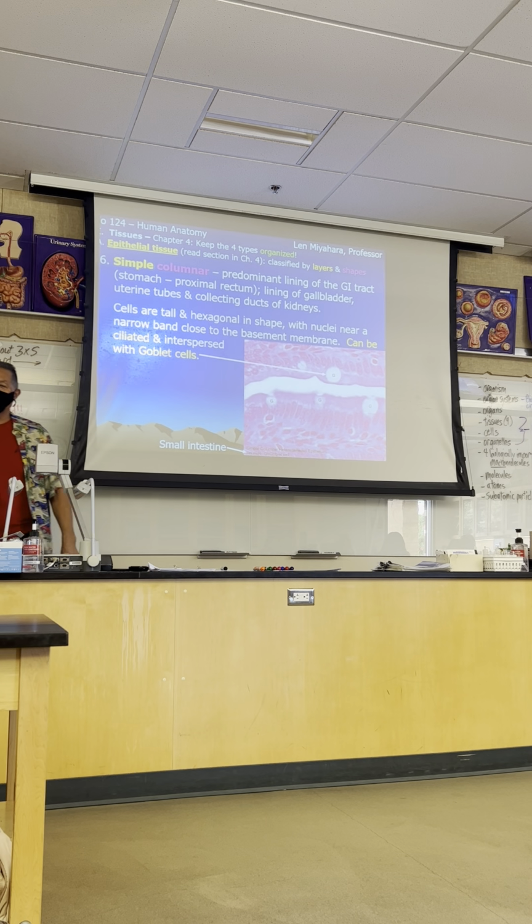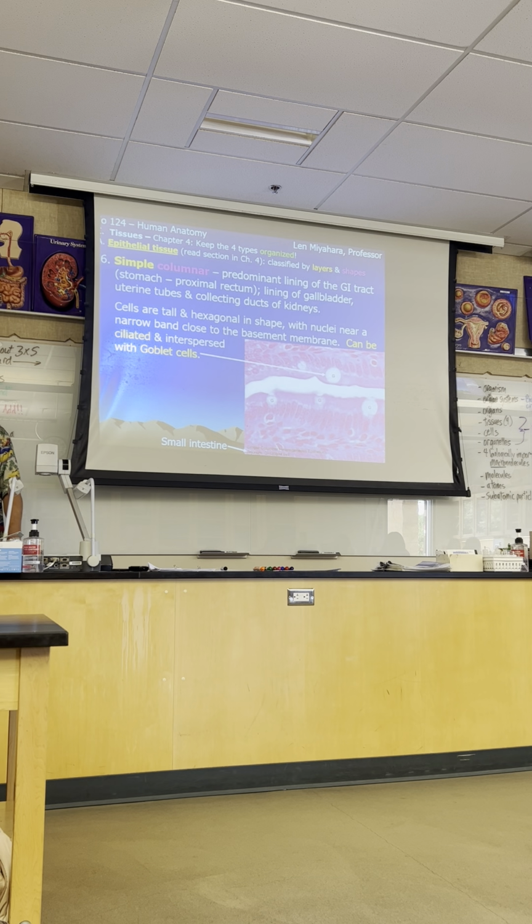You're going to know this is lining the guts or it's lining something. There's a free surface. That's the white area in the middle. You're going to say that's tissue type number 1. How many cell layers thick is it? 1. Are they taller than they are wide? Yes. Columnar. Are the nuclei in a row? Yes. Simple columnar epithelium. Move on to the next one. You know that's the right answer.